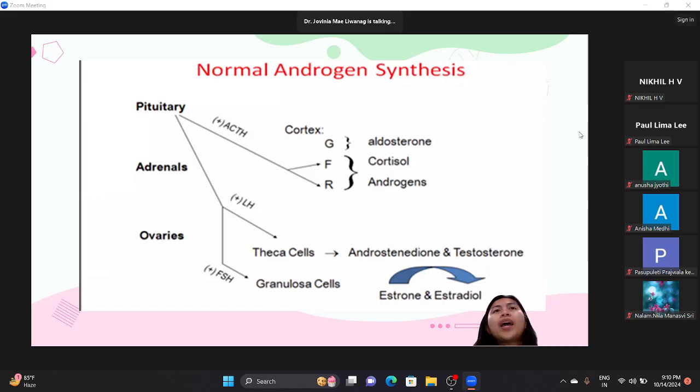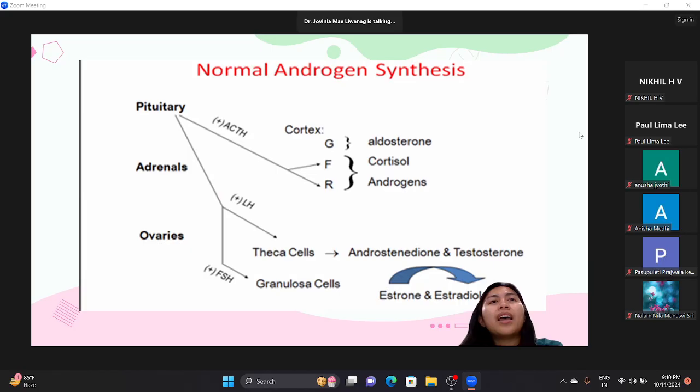So another illustration of the androgen synthesis. It comes from the pituitary, adrenal, and even the ovaries. In the adrenal cortex, the zona reticularis and also the zona fasciculata are both responsible for the androgen, under the control of the pituitary gland.